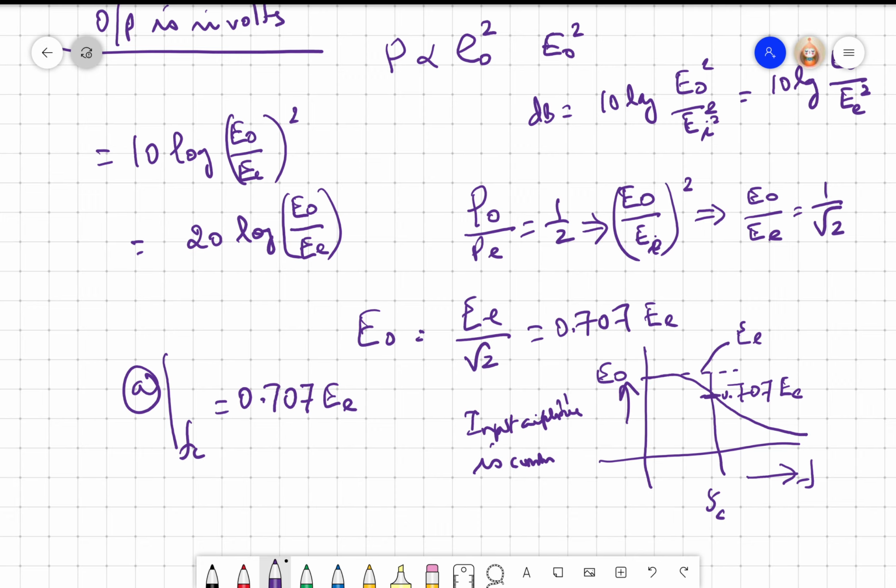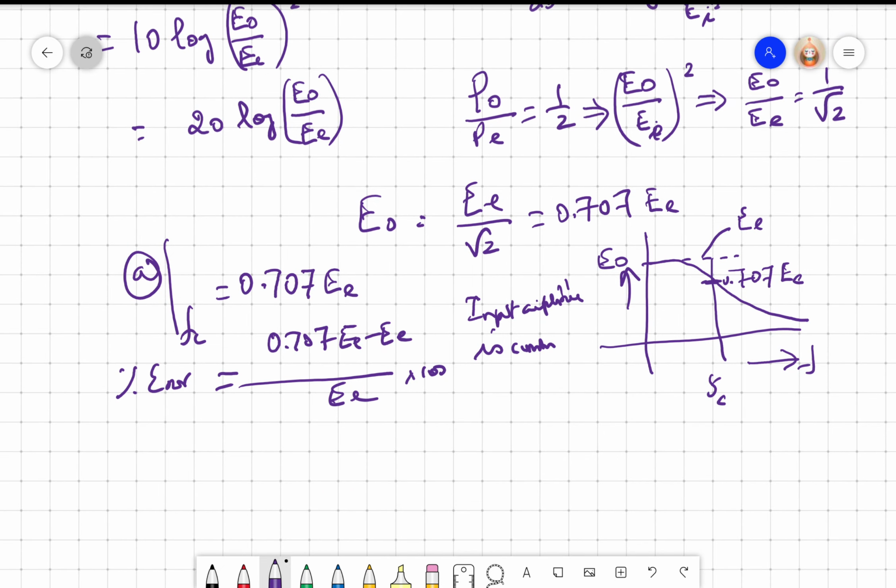So if I look at this, 0.707 EE minus EE by EE into 100 will be the percentage error in my measurement if I measure it at the particular frequency, exactly at the cutoff.